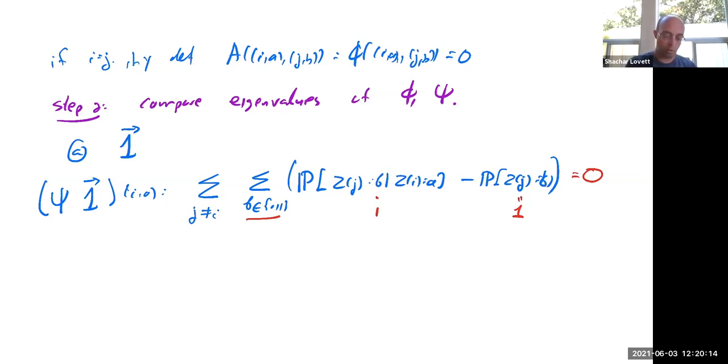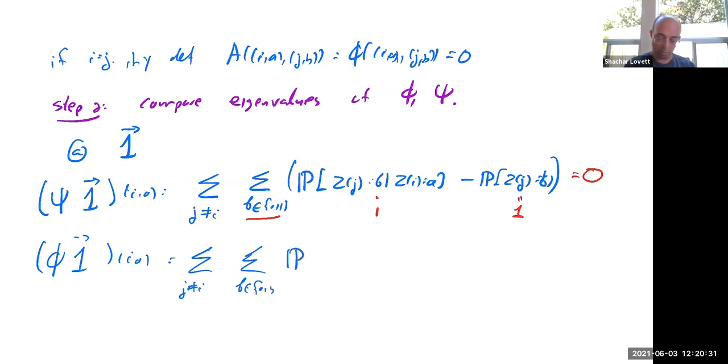And similarly, you can show that if you do it for phi, by a very similar calculation, it's going to be the same thing, but just the first term. Right, no second term.